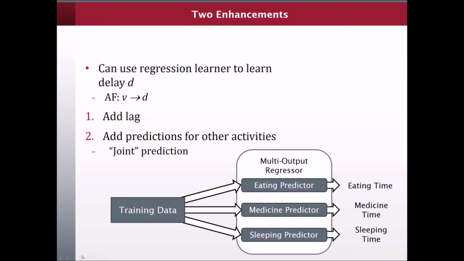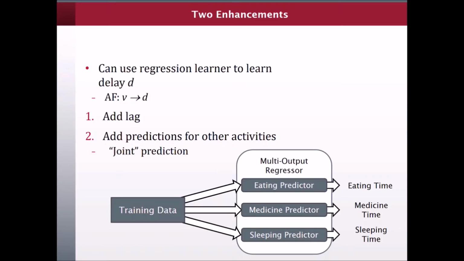As we show in this diagram, we could be learning delay values for the eating activity, a take medicine activity, and a sleeping activity.